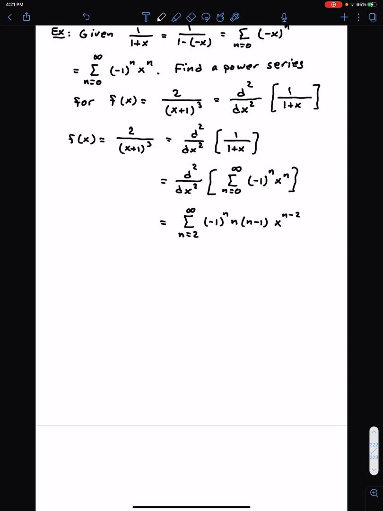So then, just so we don't have an x to the n minus 2, I'm going to change the index.